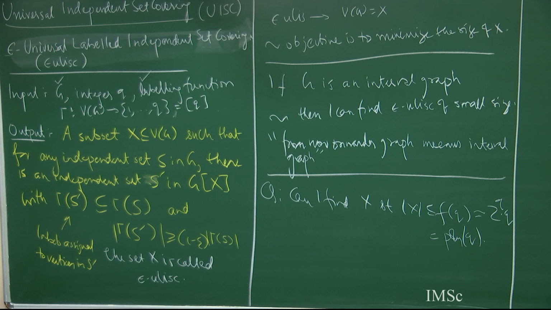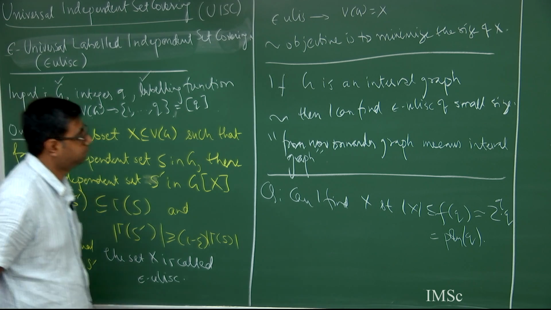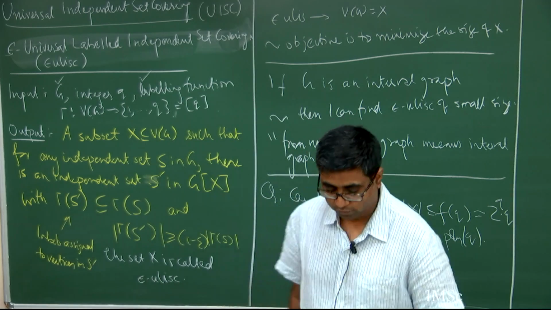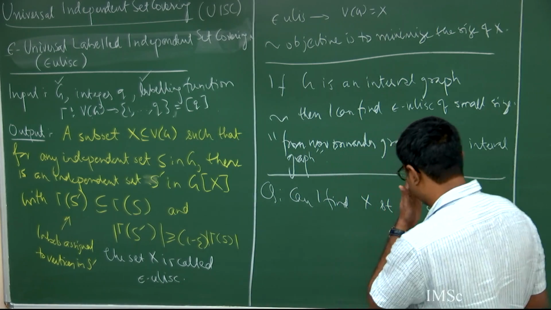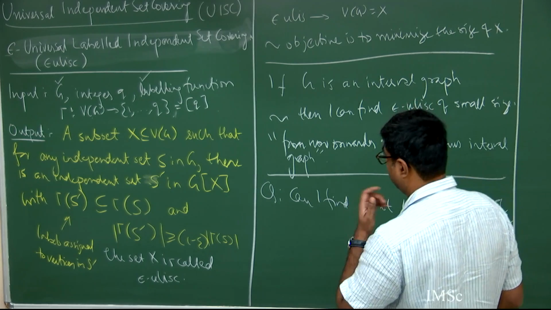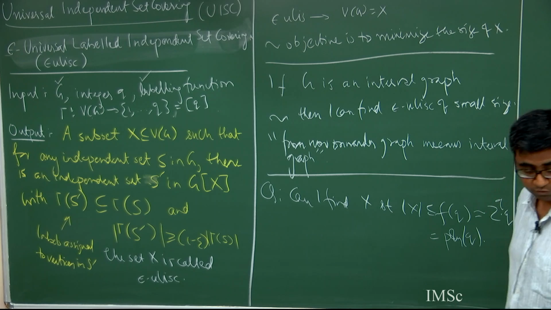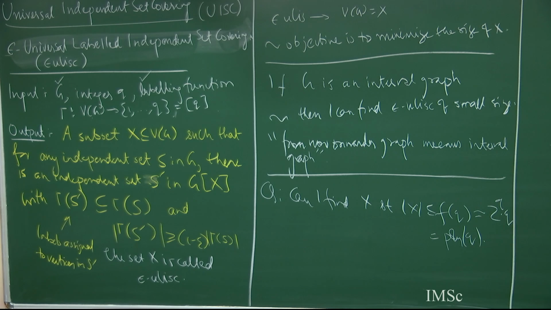If epsilon becomes a function of q, then there is nothing, because I can take 1 over 2 power q and then I am perfectly fine. So what we are going to construct is not going to be a function of q, but a function of something much more fundamental.